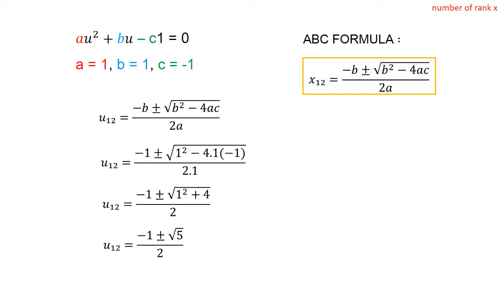We get u1 and u2 equals minus 1 plus or minus square root of 5, divided by 2.